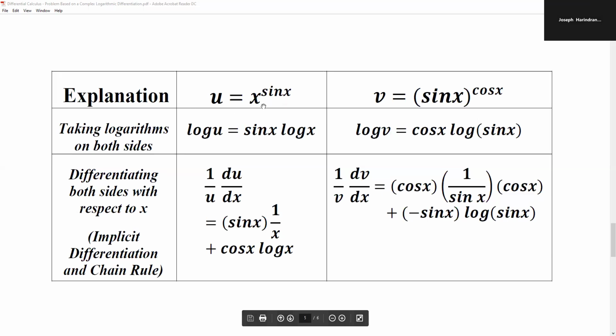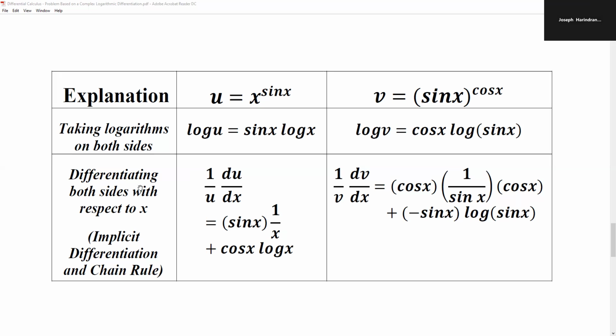u is equal to x power sin x. So, use logarithmic differentiation by taking logarithms on both sides. We take logarithms on both sides, we get log u is equal to log of x power sin x. We use the power rule of logarithms to bring this sin x to the multiplication. So, it becomes sin x log x.